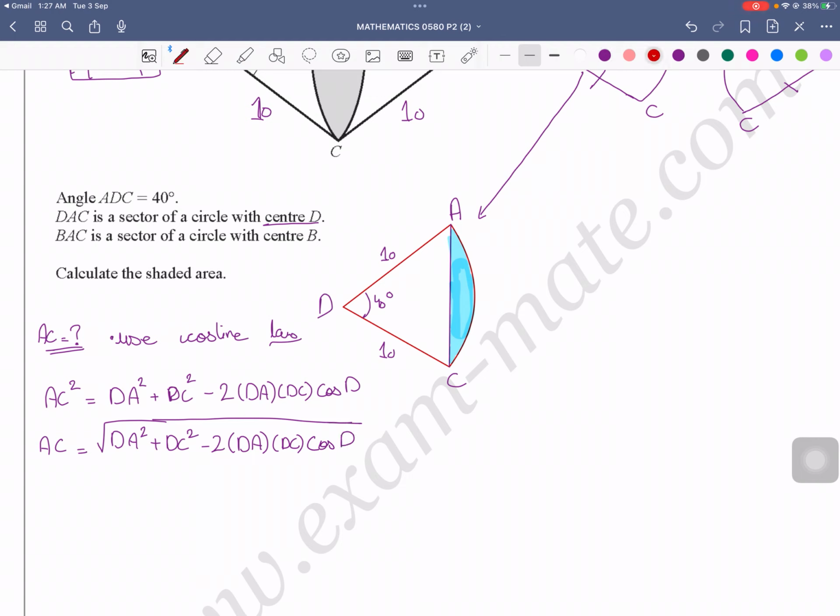Now we'll plug in the values given by the question, highlighting them in red as I do it. The value of DA is 10, the value of DC again is 10, and the angle D is 40, as given.